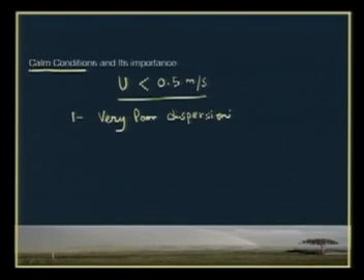If in a location where you live the wind is most of the time calm, most of the time 0.5 meters per second, then there is a likelihood or more chance of pollutants getting accumulated and concentrations going very, very high. So that is one thing it immediately tells us: in areas where the calm conditions are more, we should try to avoid having large industries or most of the pollution sources.